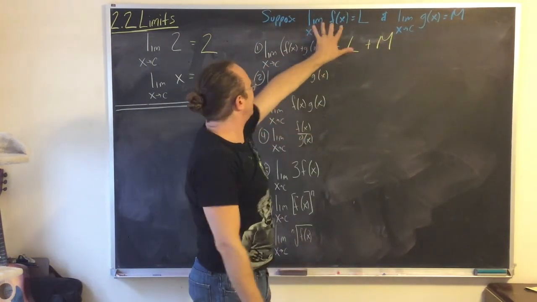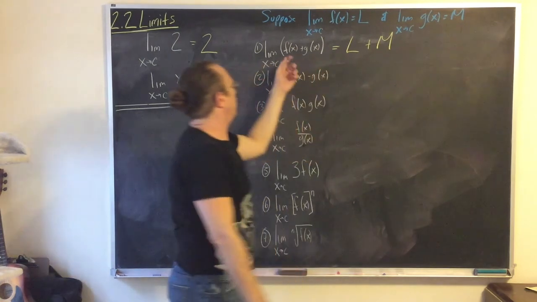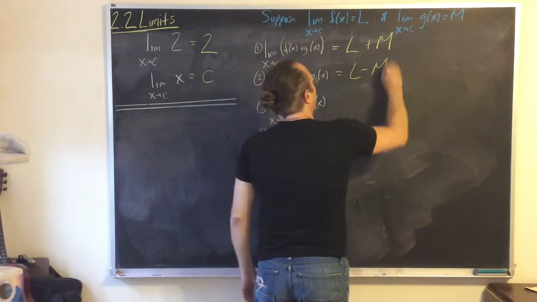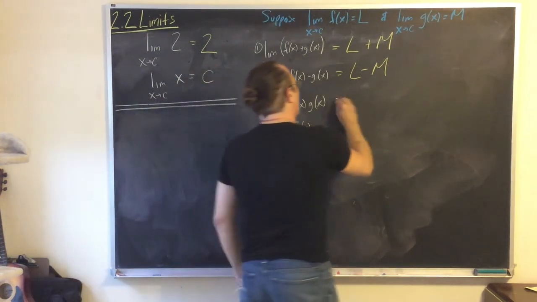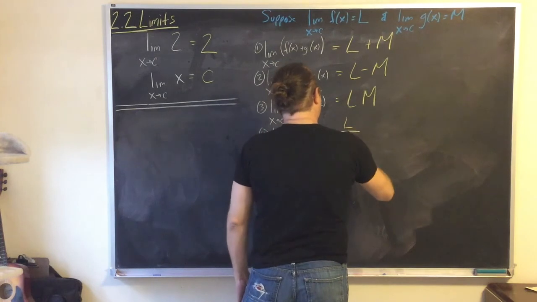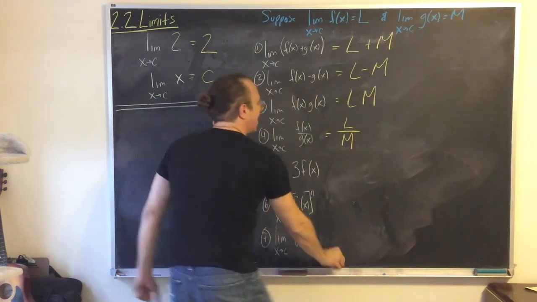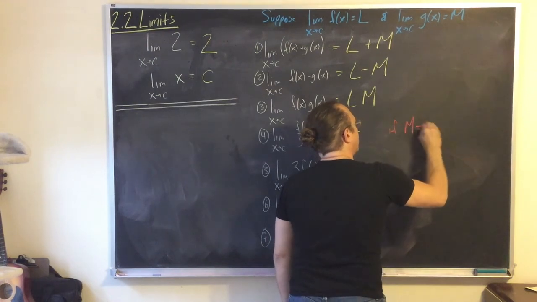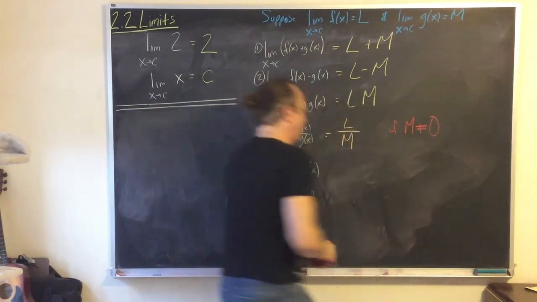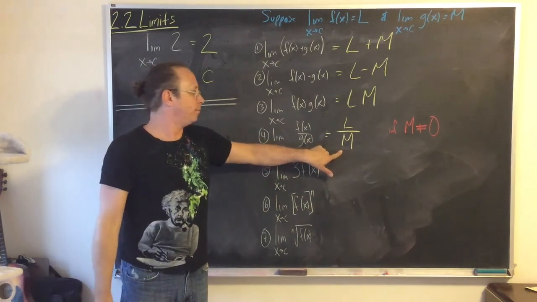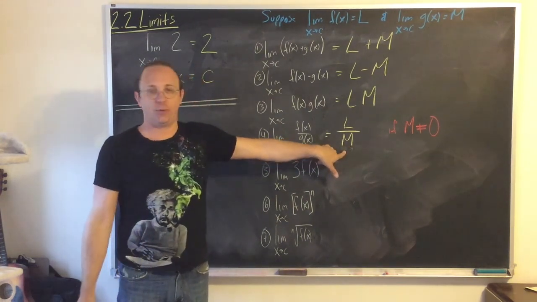You take this guy's limit and add it to this guy's limit. Well, you add them, you add them. If you subtract them, you subtract them. If you multiply them, you multiply them. If you divide them, this works as long as m does not equal 0. Division by 0 is always a problem. But as long as m doesn't equal 0, we're set.